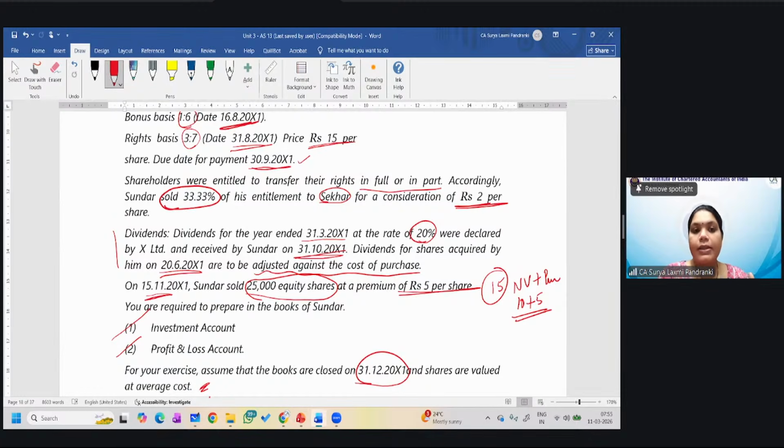Then you have a purchase, then you have a bonus, then you have a rights issue, then you have a transfer of rights, then you have dividends also in this question, and you also have the sale part also. So everything is covered almost in this question. If you do this question almost, you must have covered everything in the investments chapter, right? Okay, let us do this now. I'll give you a break after this question. Okay, so be patient. Let us finish this and then we'll take a break.